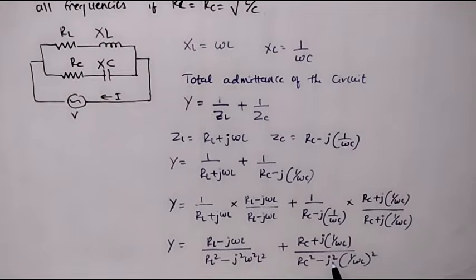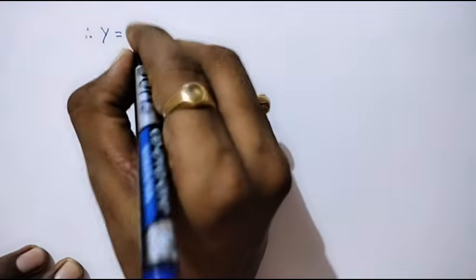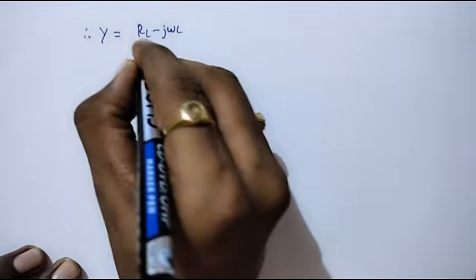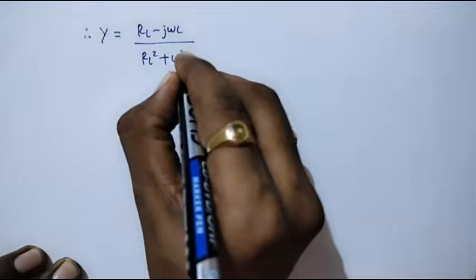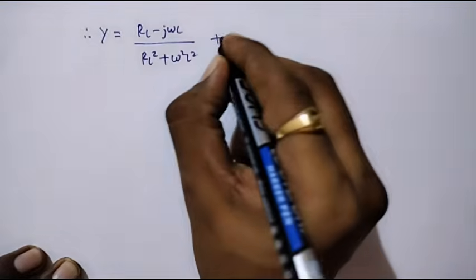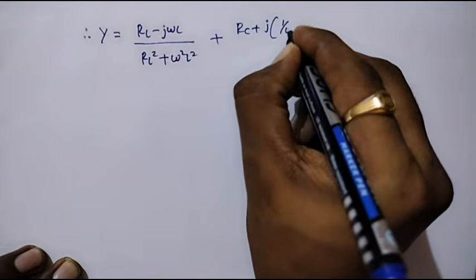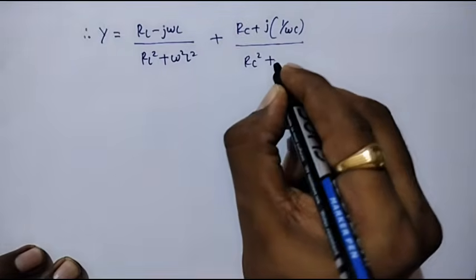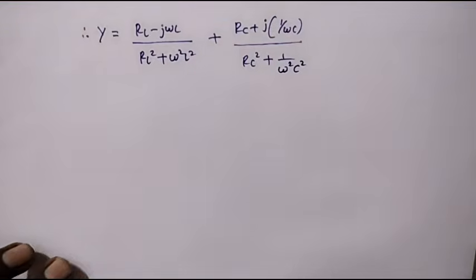Similarly, here j square is nothing but minus 1, so on the denominator side we get RC square plus 1 over omega square C square. So Y can be written as RL minus j omega L divided by RL square plus omega square L square, plus the other term RC plus j 1 over omega C divided by RC square plus 1 over omega square C square.